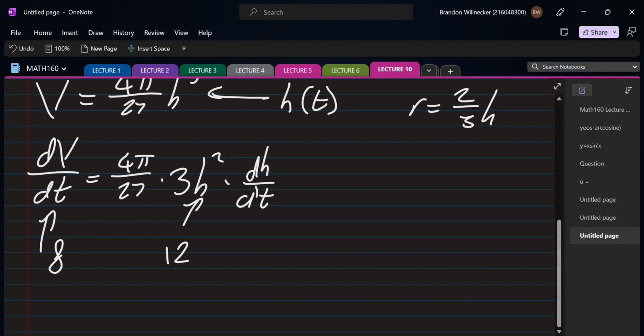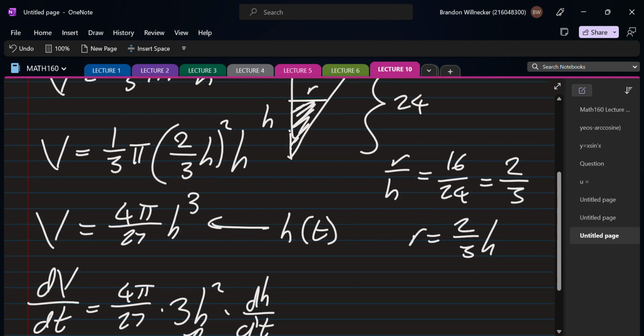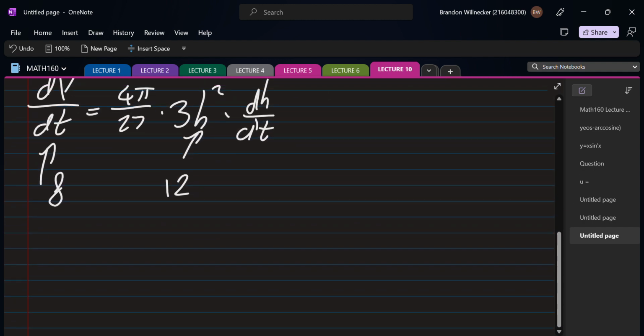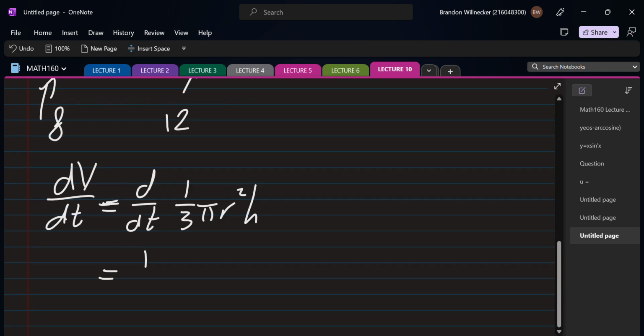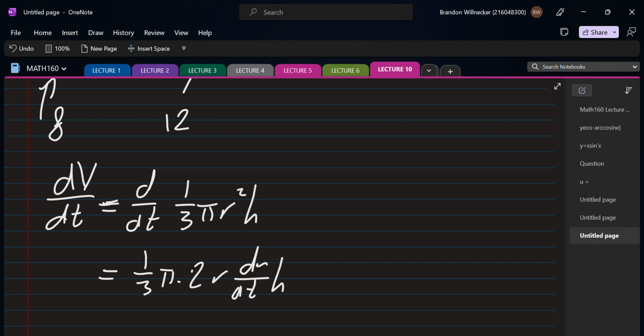Okay, so issues I saw with this: a lot of students were just ignoring R and substituting some value for R, just ignoring it completely. Other issues I saw, with dV by dt, students were writing d by dt of 1/3 pi r squared h as 1/3 pi times 2r dr by dt h plus 1/3 pi r squared dh by dt.